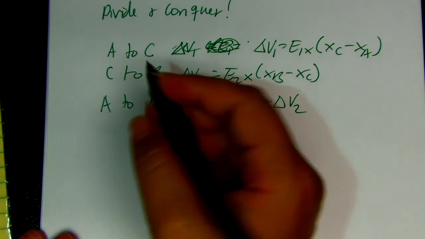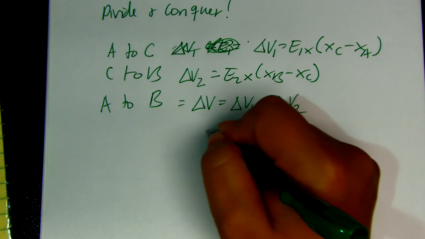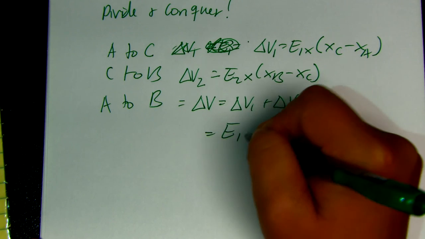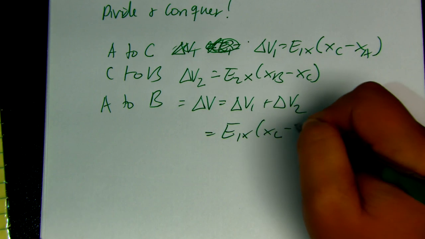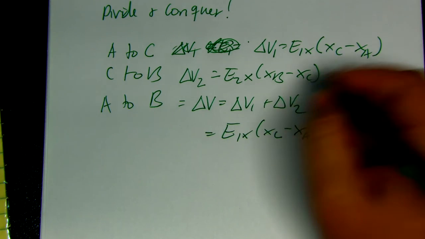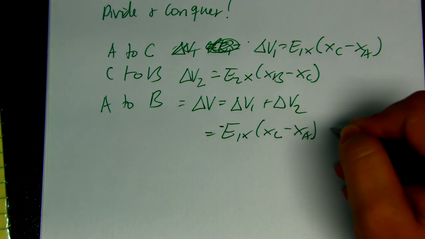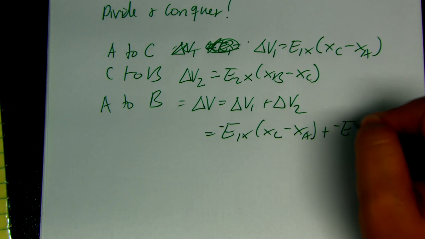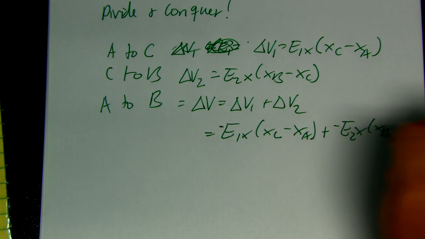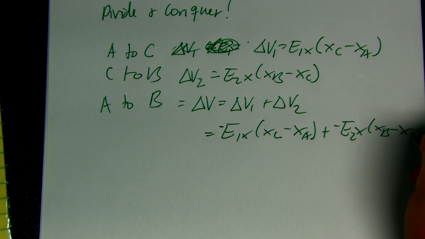So we can flesh this out a little bit more. This is equal to minus E1x times (xc minus xa), with a distributed minus sign, plus minus E2x times (xb minus xc).